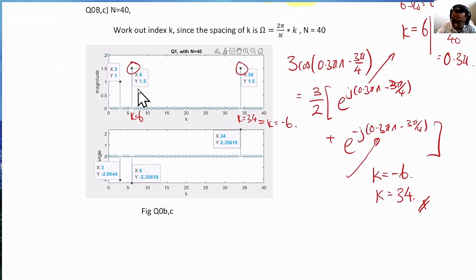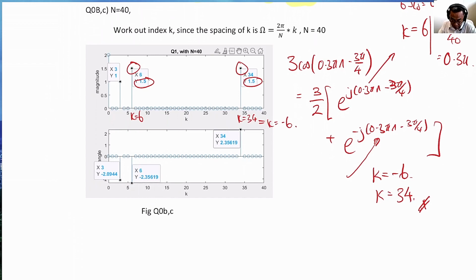These 2 complex exponentials are for this 3 cosine. Now, it's 3 divided by 2, so the amplitude is 1.5. This figure shows the phase. The phase is minus 3 pi over 4 here and plus 3 pi over 4 there. So you can see the values here.